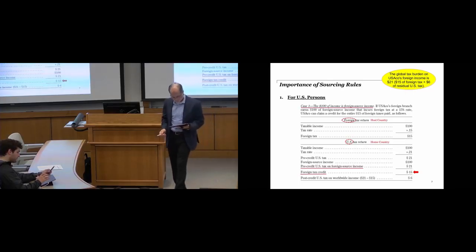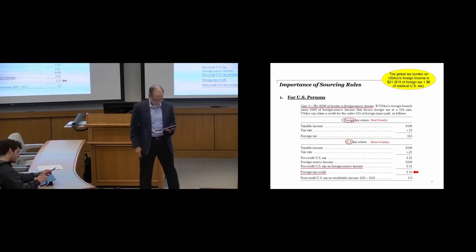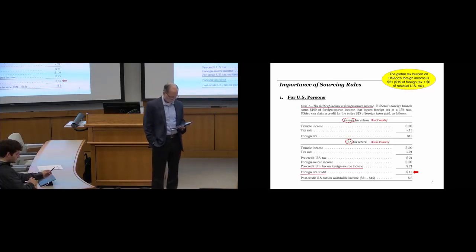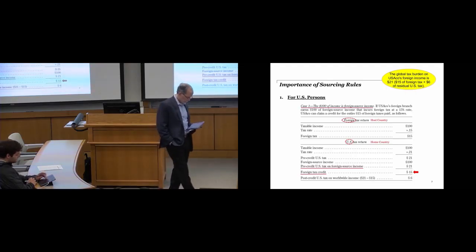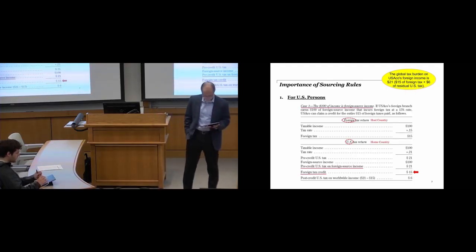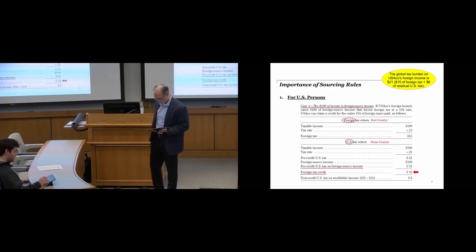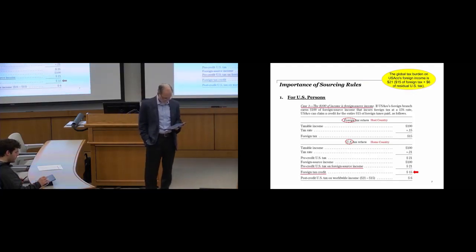But the U.S. allows the foreign tax credit to avoid double taxation. The credit is limited to the U.S. tax on the foreign source income. In this case, it's $21. And since the foreign tax paid is only $15, that's below the limit, so the company uses the full $15 as a credit.